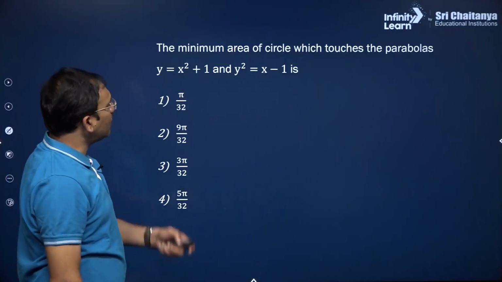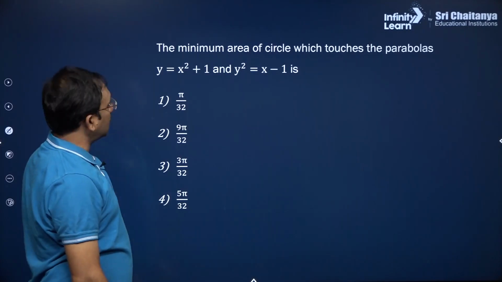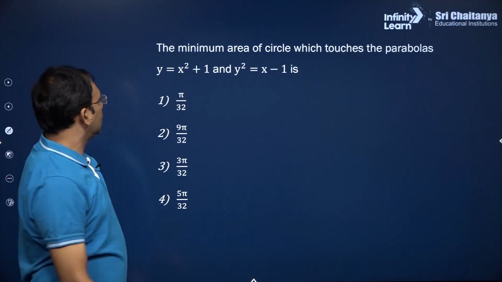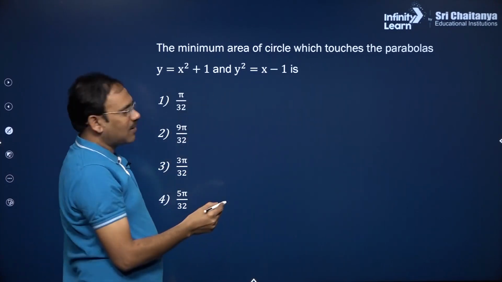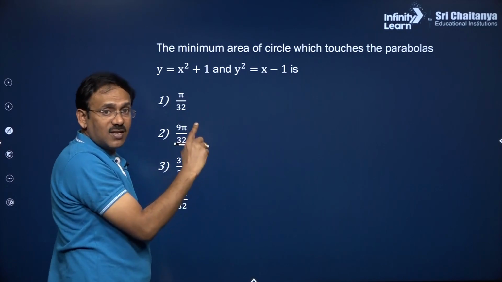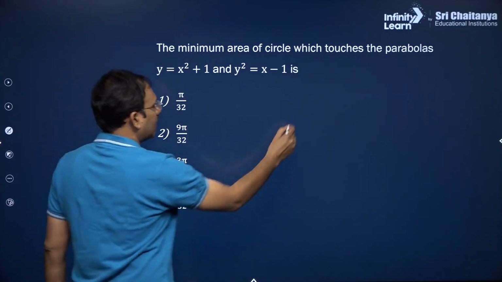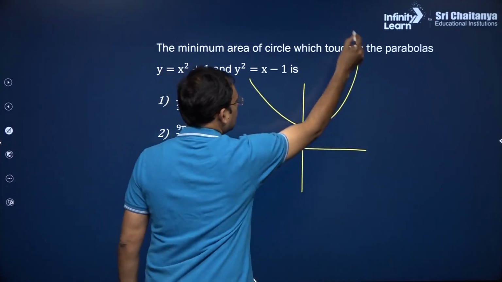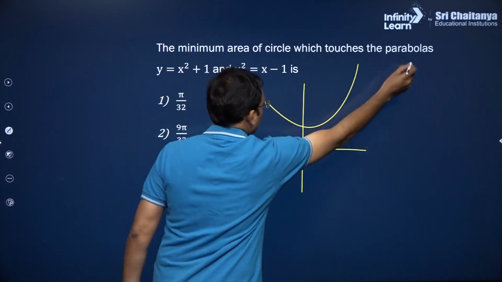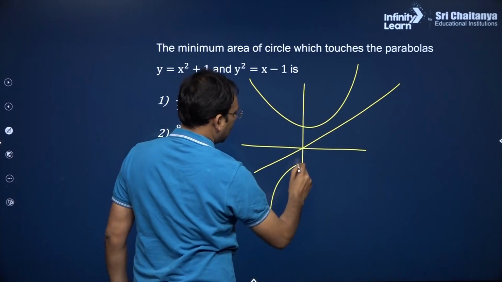Next, the minimum area of the circle which touches the parabolas. One observation is, if you replace x by y, one is the mirror image of the other with respect to the line y equals x. So this is y equals x square plus 1, suppose this is y equals x, you will get the other one like this.